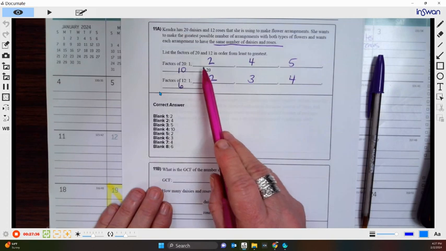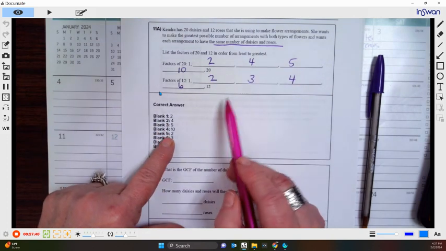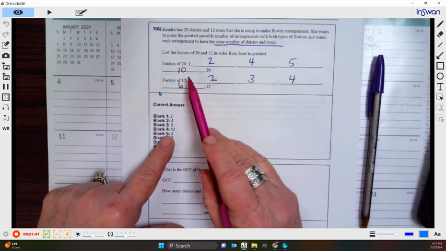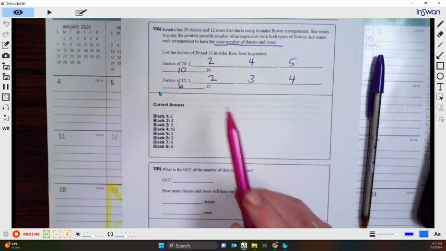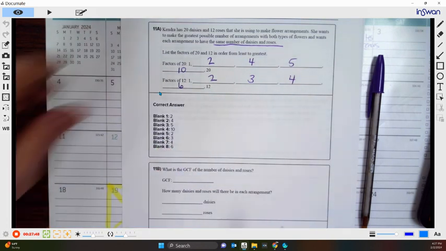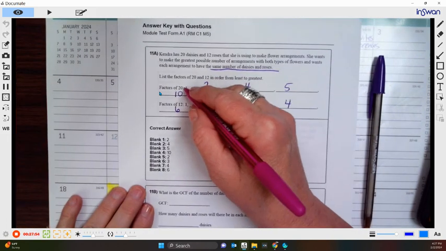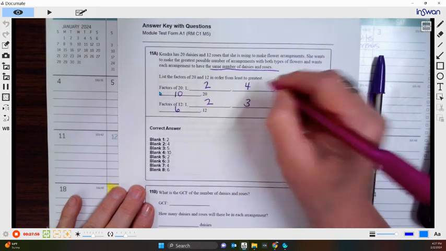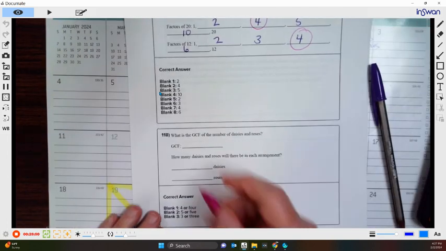So blank 1 has 2, then we have 4, 5, 10, and 20, and then we have 2, 3, 4, and 6. That is the correct answer. It's asking you what the greatest common factor of those are. And if you look between 20 and 12, 4 is the largest number that they have in common.